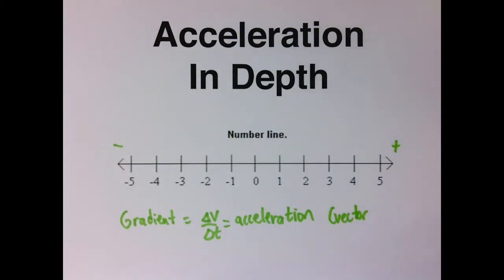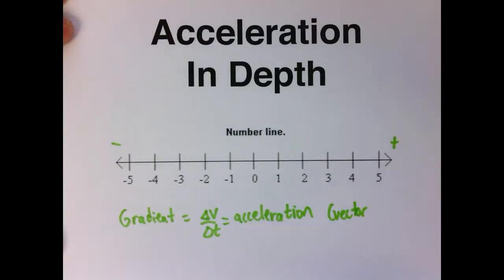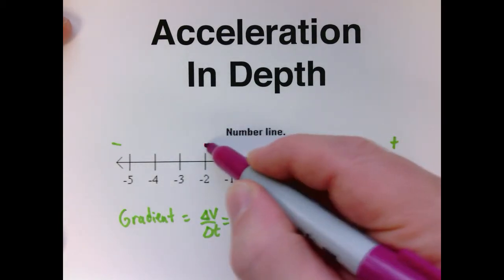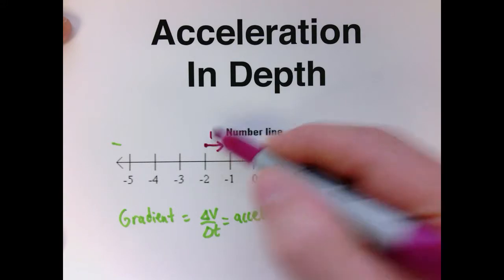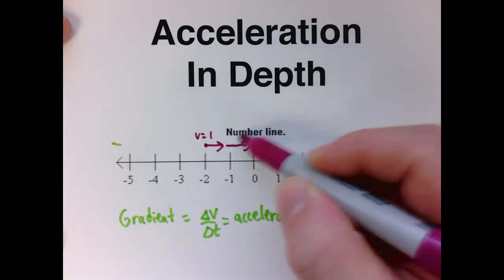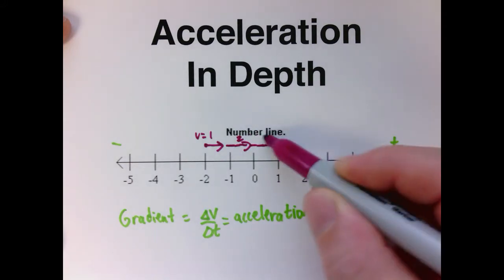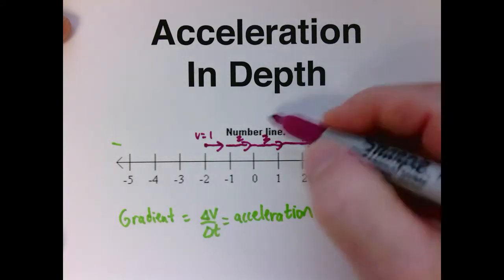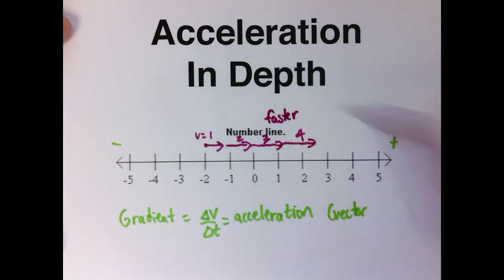Let us first consider a case where we have an object that is here, traveling at, say, 1. Its velocity is 1. And then it's going to 2, and it's going to 3, and it's going to 4, like so. We can see it's getting faster. Well, acceleration is delta V over delta T, and it's a vector.